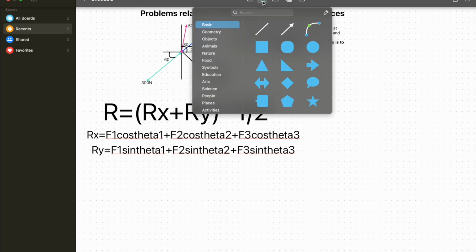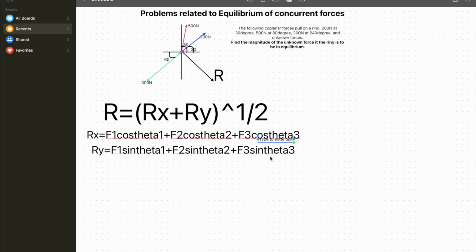So if we calculate Fx, it equals 200 Newton cosine 30 plus F2, which is 500, and now the angle is not 30, it's 80, so you have to write cosine 80.